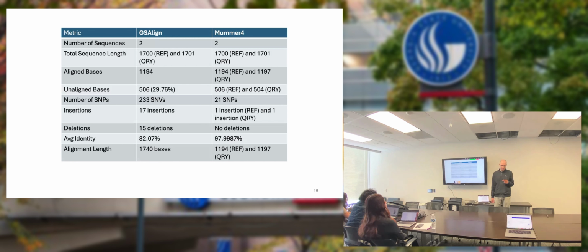Probably because it tried to align the mismatching region. I took the region that completely mismatches, and then probably it tried too hard to align it and just made a lot of these SNPs.